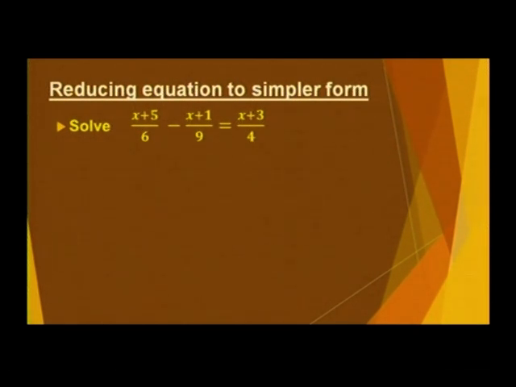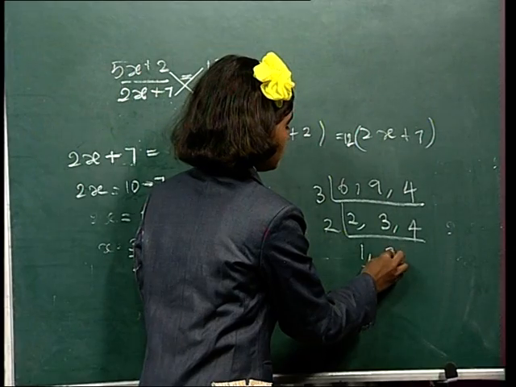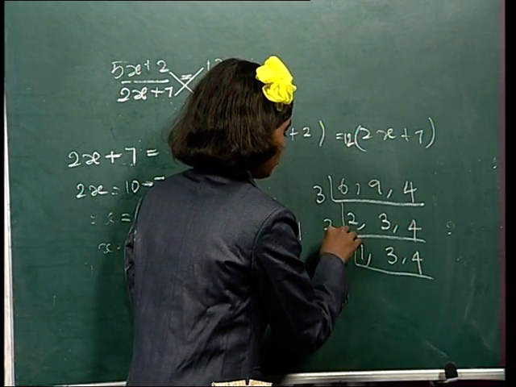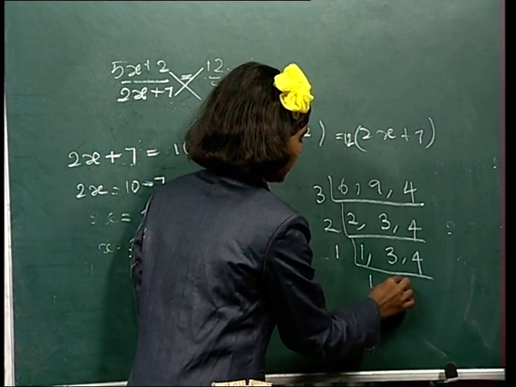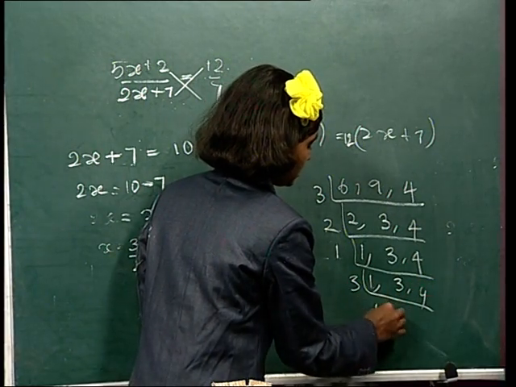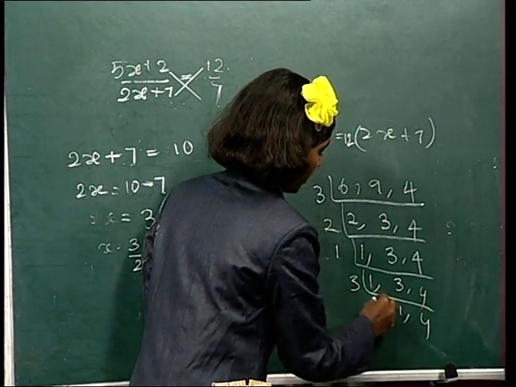Here the LCD of 6, 9 and 4: 3 2s are 6, 3 3s are 9 and 4 remaining. 2 1s are 2, 1 1s are 1, 3 1s are 3, and 4 remaining.